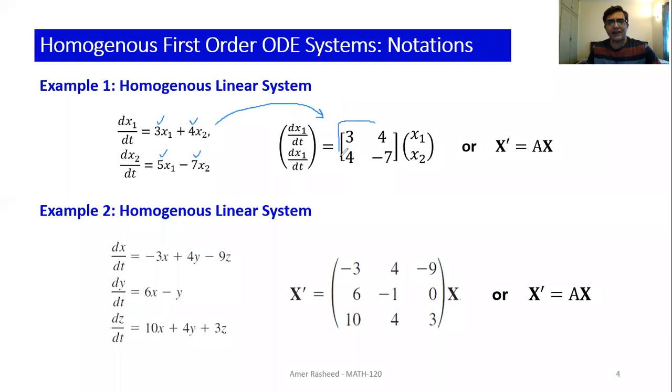Now the matrix A contains only real numbers. The entries are constant. So this is a 2 by 2 homogeneous linear system, and this is a 3 by 3 homogeneous linear system, whose coefficients are real numbers. Now this can be written in the matrix form in this way.